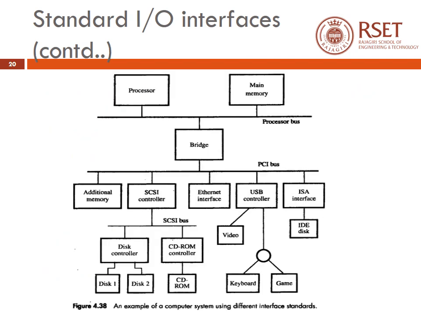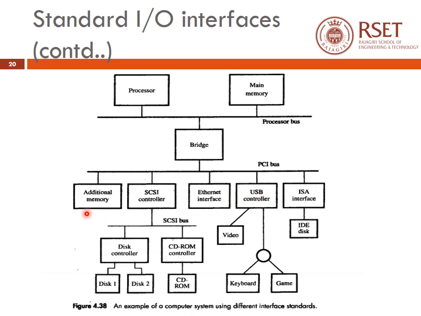In this diagram, you can see we have the processor bus that is indicated over here. The processor bus is used to connect the processor and main memory, and from the processor bus I have introduced one more bus. This bus is called the expansion bus, and this expansion bus is connected to the processor bus through a bridge, and this expansion bus is known as the PCI bus. On the PCI bus I can connect all the different kinds of extra input output devices that I want to connect to my processor.